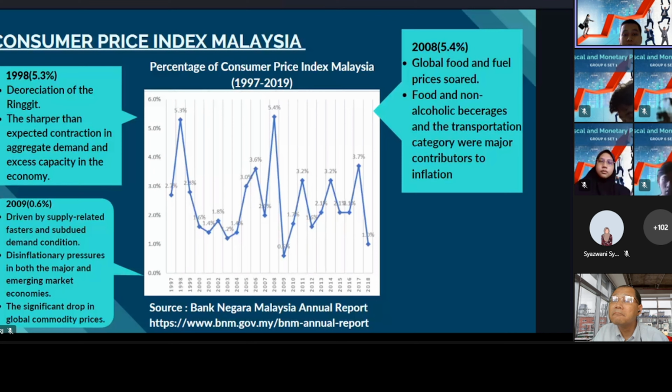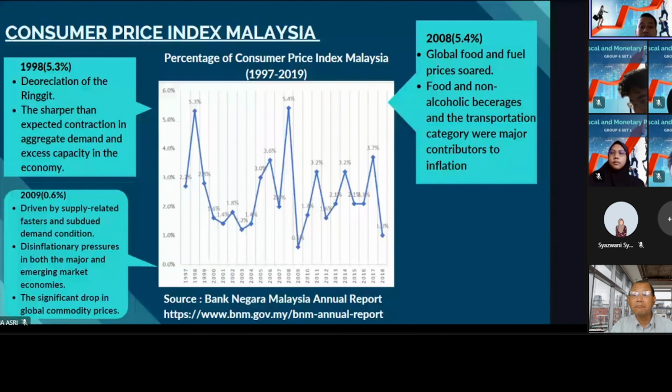After the global economic crisis in 2008, in 2009 inflationary pressure in Malaysia was in line with global and domestic developments, where the decline in inflation in 2009 was driven by factors related to supply and calm demand conditions, where inflation throughout the year was influenced by external and domestic factors. That's all for me. Thank you very much.